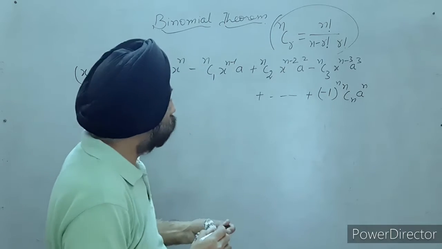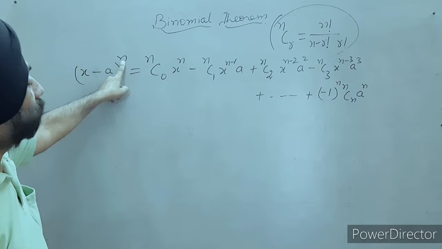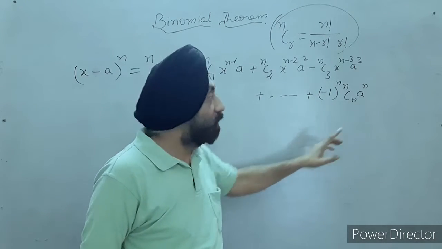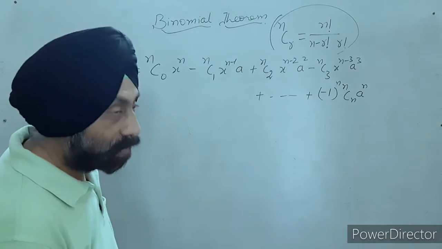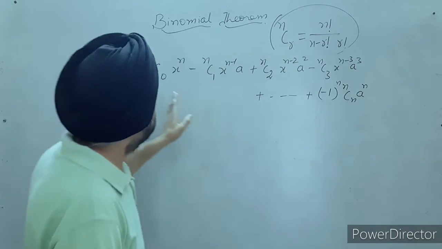Why have I written minus 1 to the power n? If the value of n is an even number, then it will become a plus sign. If n is an odd number, then it will be a negative sign. Okay? Alternate signs are there.